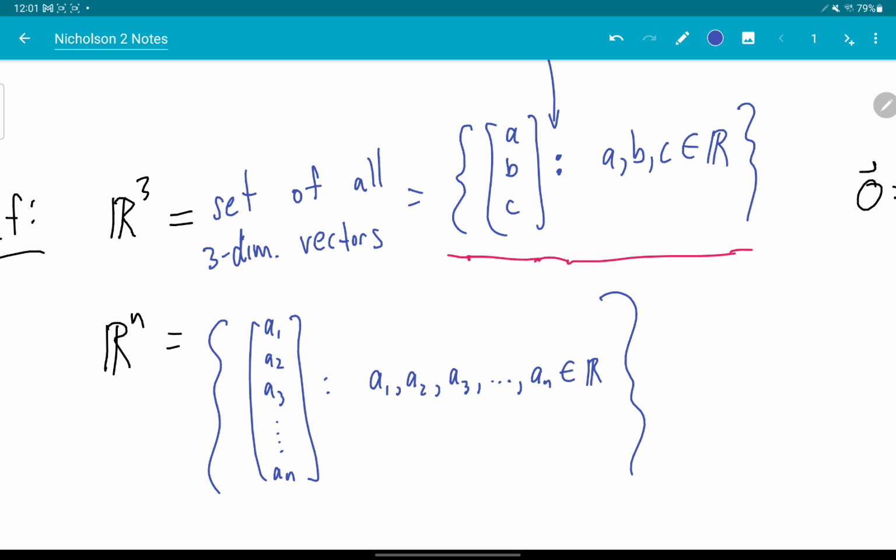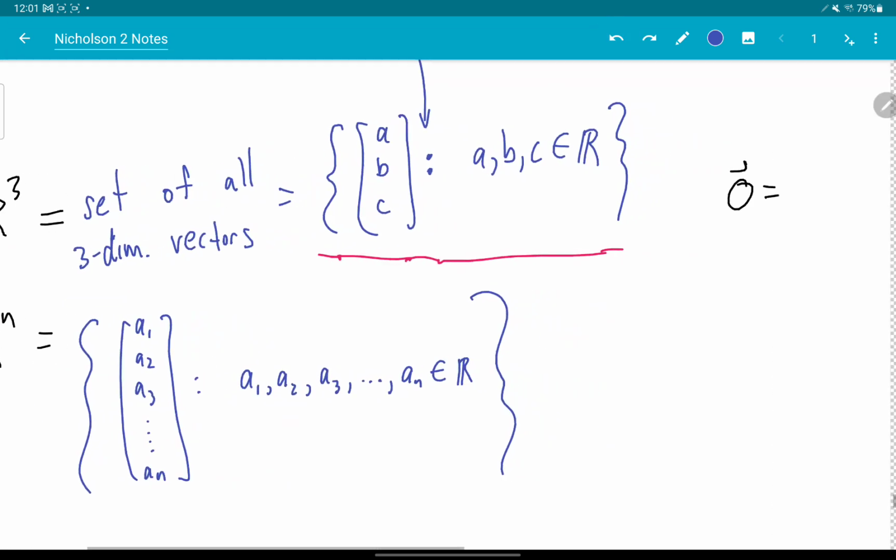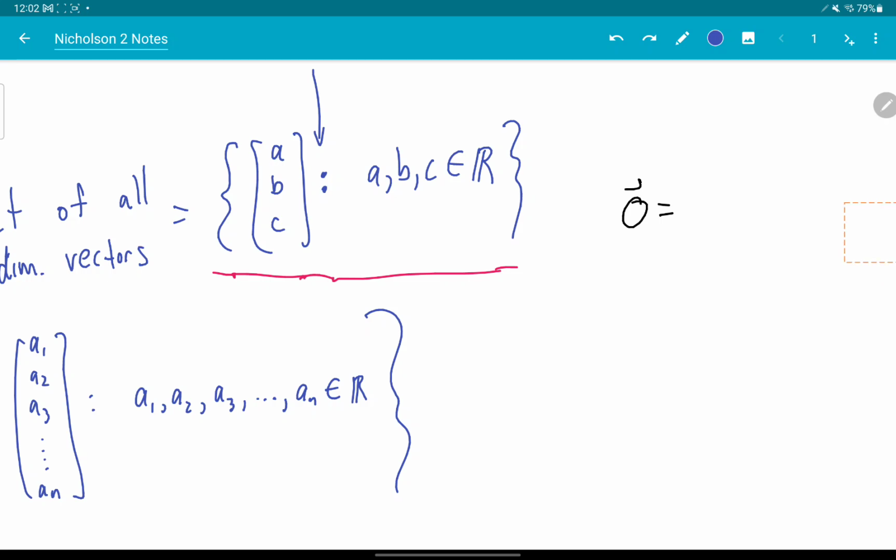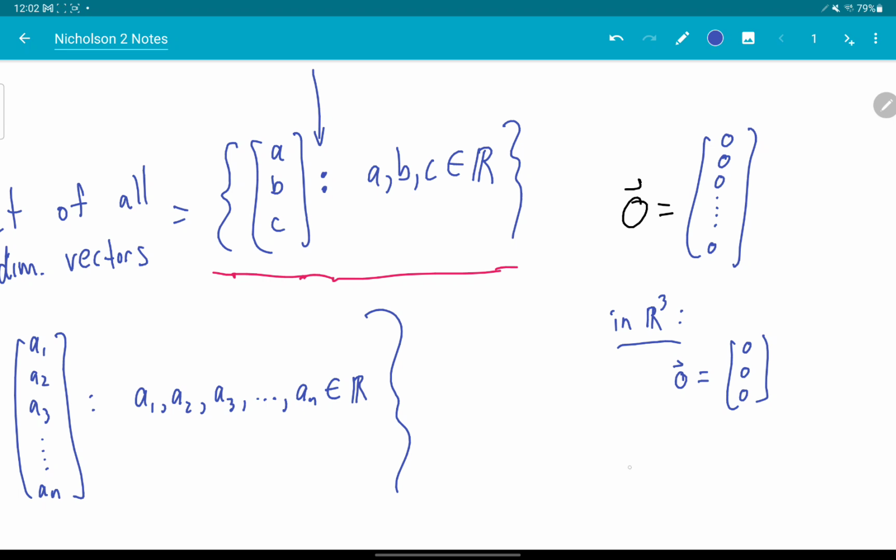Now, there's a zero vector here inside R3, and there's also a zero vector in Rn, right? So the zero vector can take different forms. In general, you have just a vector filled entirely with zeros. If you want to specify, let's say in R3, the zero vector is 0, 0, 0.